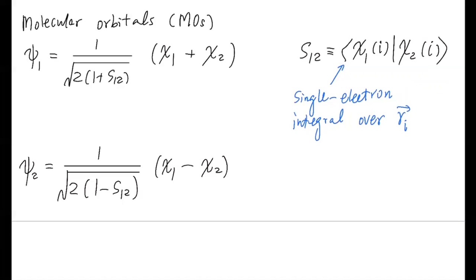Essentially, as we mentioned in the previous lectures, the ratio of the coefficients for the first orbital is 1 to 1, and here the ratio is 1 to -1, right?